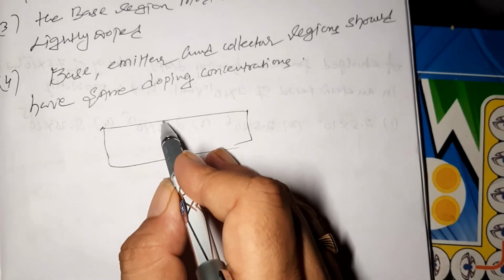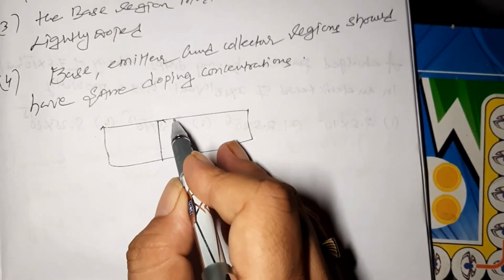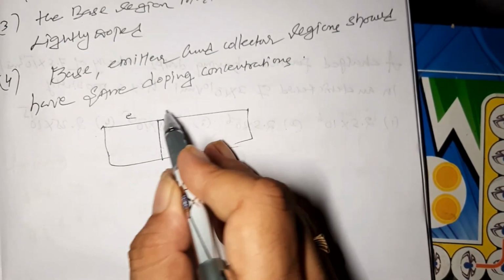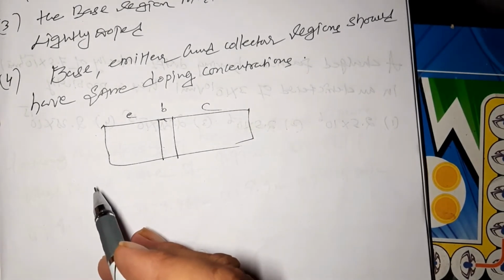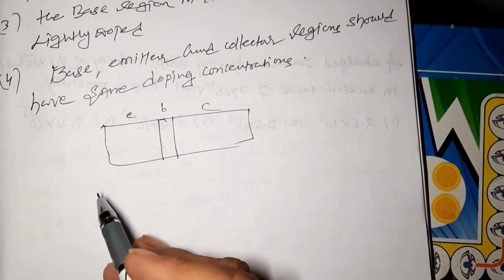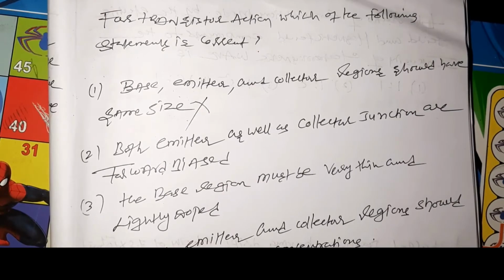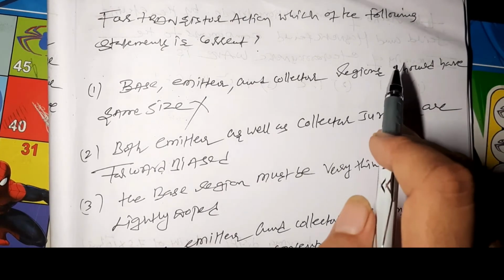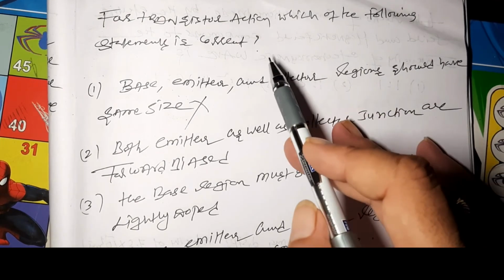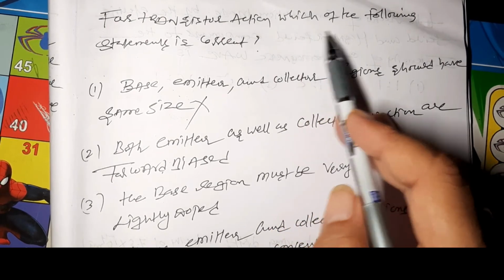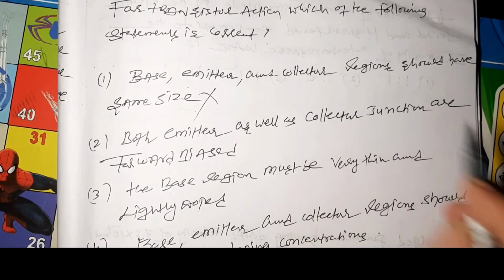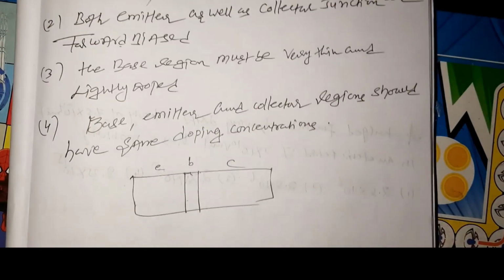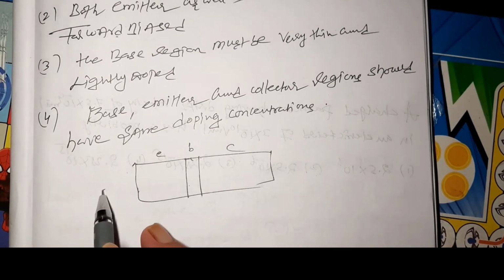This is a transistor. Here this is called emitter, this is base, and this is collector. So this is a transistor based question.